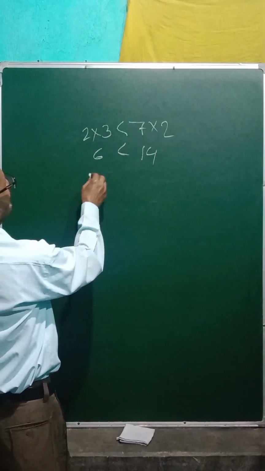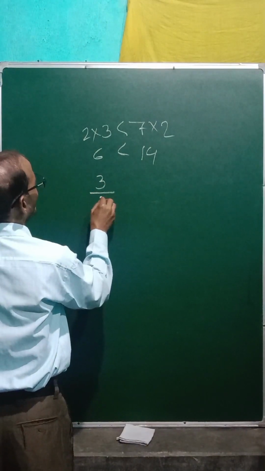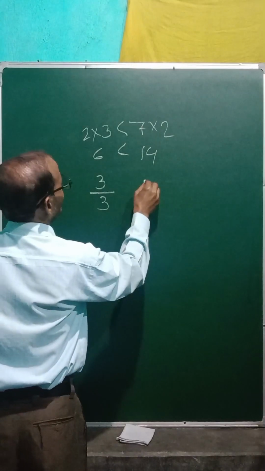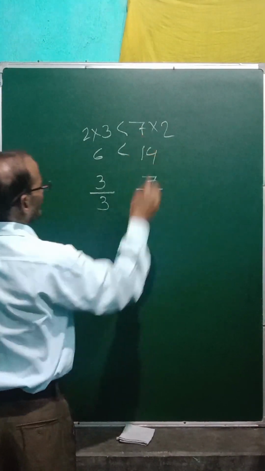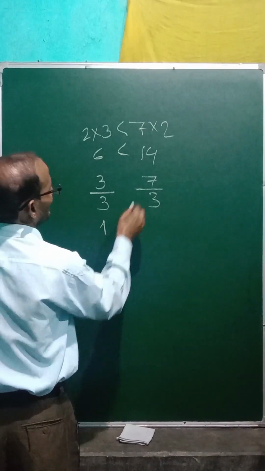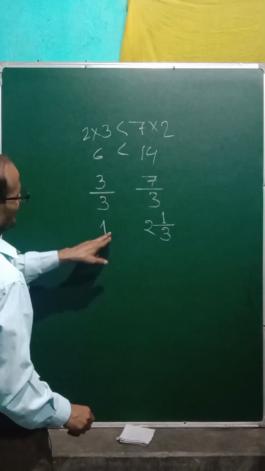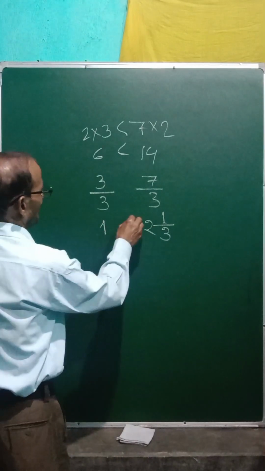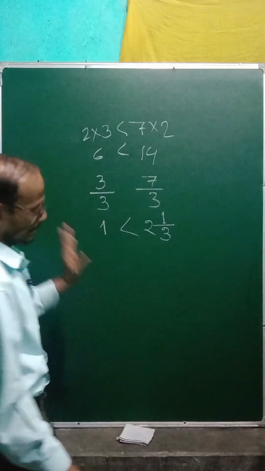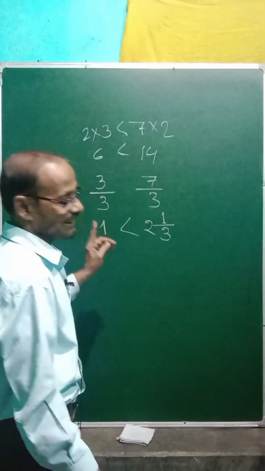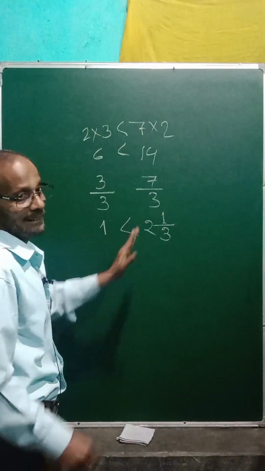Dividing also, suppose 3 divided by 3 and 7 divided by 3. We get 1 and a mixed fraction. Again we see that 1 is less than this figure. So by multiplying or dividing by a positive integer except 0, we see that the inequality sign does not change.